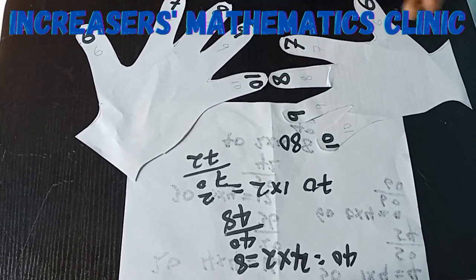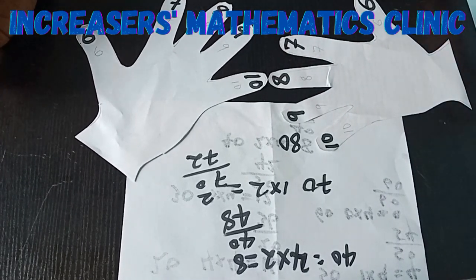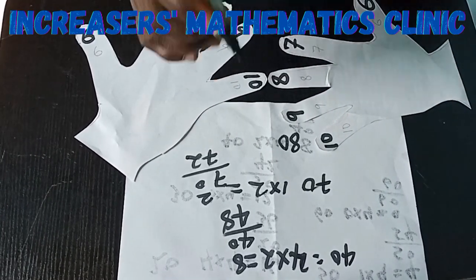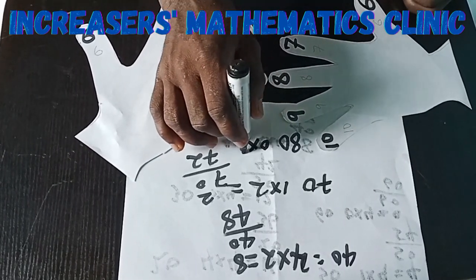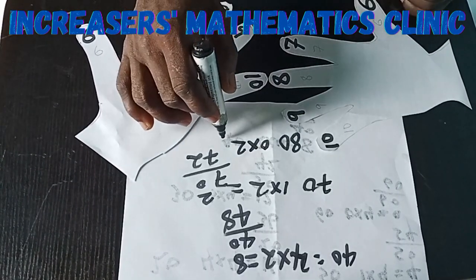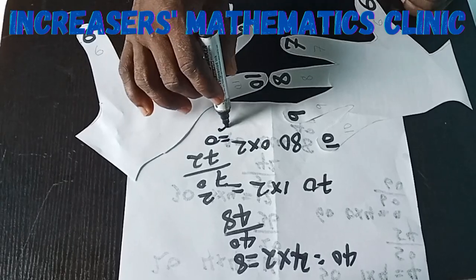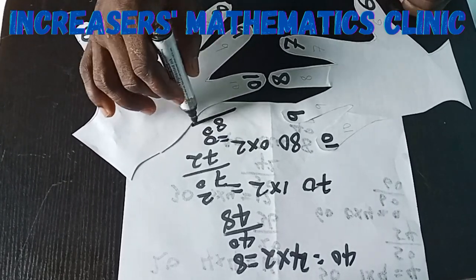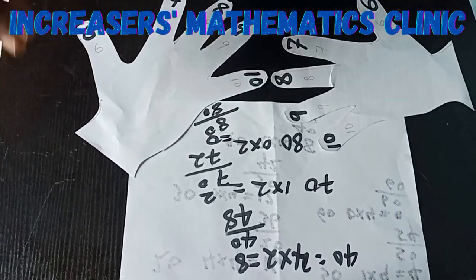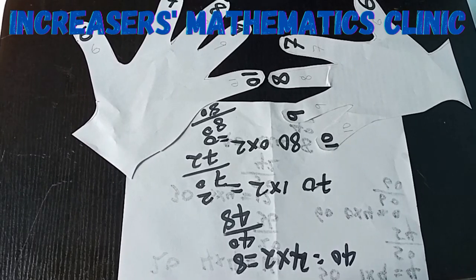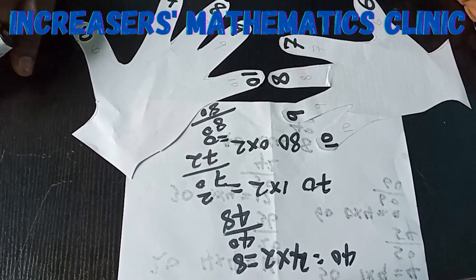And then above it, I have 0 fingers by the right and 2 fingers by the left. So that means 0 times 2, and 0 times 2 is equal to 0. If I add 80 to 0, I will be having 80. So 8 times 10 is equal to 80.